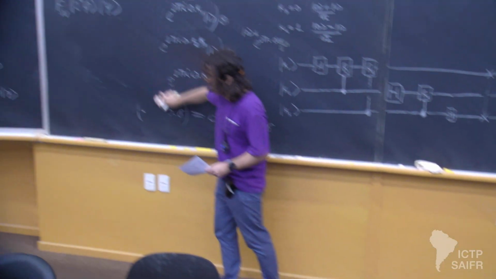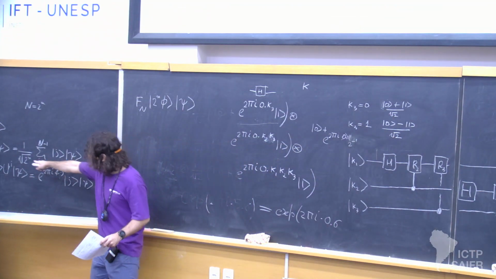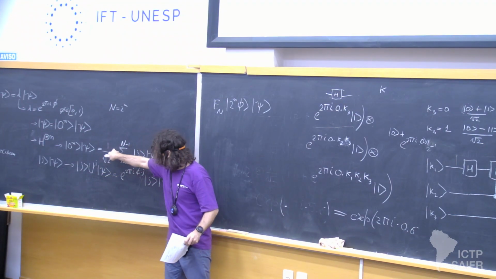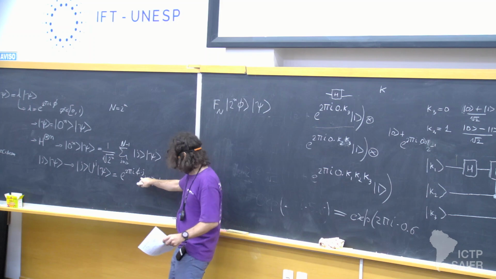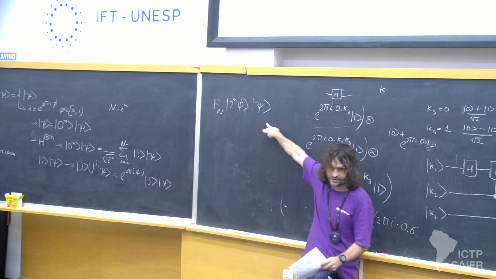This is an exercise. In other words, you apply this operation over all the members here. You do a bit of massage on this expression, and you recognize that this can be written in this form.